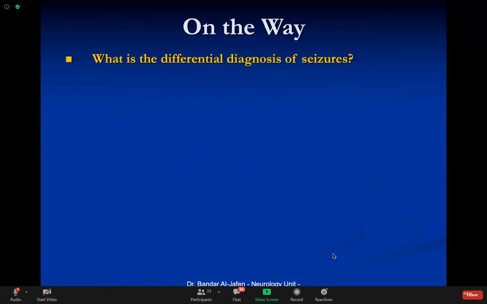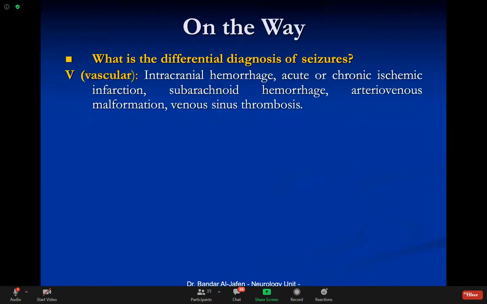So we discussed the differential diagnosis of a seizure. Remember that? We said it could be TIA, could be a syncope, could be an abnormal movement disorder or tremors. So here's a helpful mnemonic. When you want to think of a seizure, what has caused it? You want to think of a vascular lesion, like a stroke or a hemorrhage.